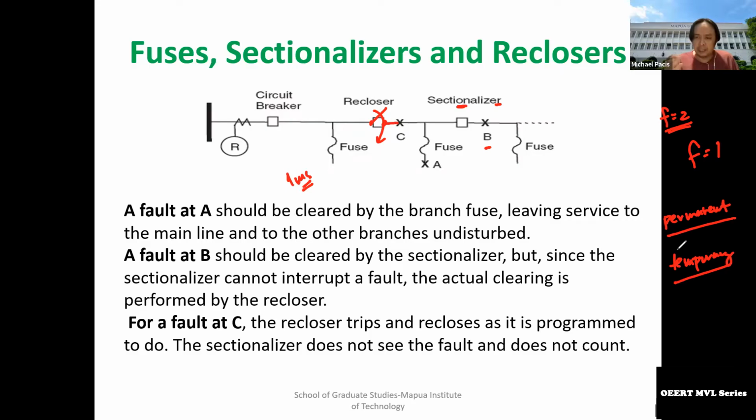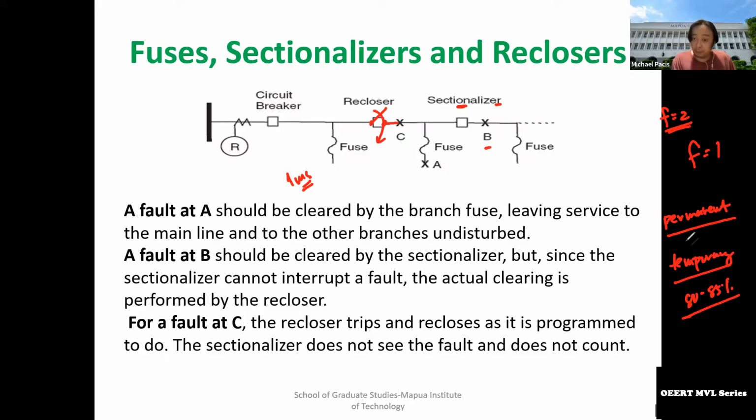Yan yung may tinatawag nating temporary fault. And please take note, 80 to 85% of the time, if you're considering a distribution network, all faults are temporary, 85% of the time. Yung mga permanent fault, bibihira lang yan, 10 to 15%.